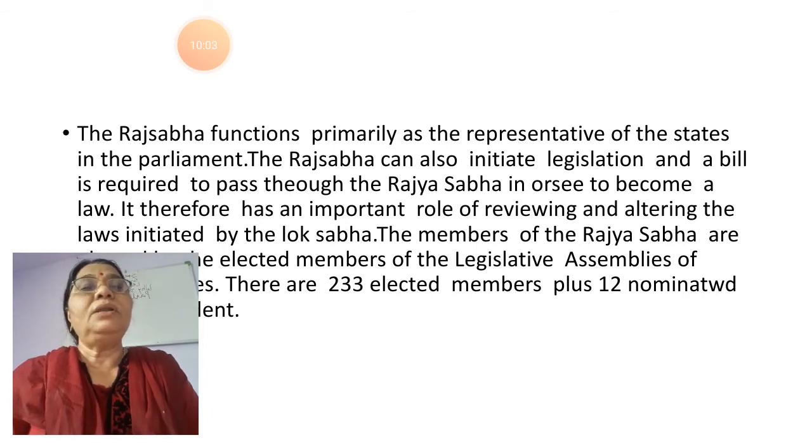Now see, in order to become a law, whenever the Lok Sabha makes any law or any bill, it is their duty to give it to whom? To the Rajya Sabha. The bill must be passed through the Rajya Sabha, and if the Rajya Sabha passes the bill, then only the Lok Sabha can declare that the bill or law has been made.